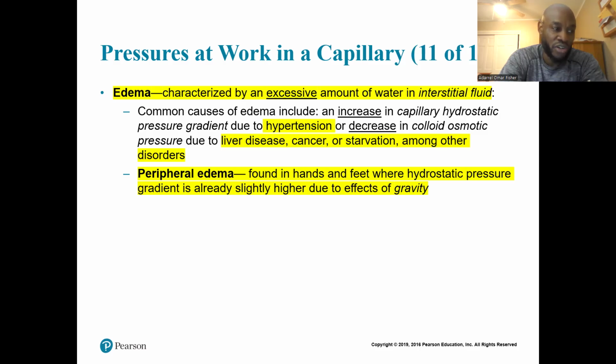Higher hydrostatic pressure means more water being pushed out of the arteries and the capillaries, and less water being drawn in because the hydrostatic pressure is higher than the colloid osmotic pressure. Therefore, you get more water left in the interstitial spaces, the interstitial fluid, and therefore you have edema, a collection of this water, and you have swelling. You particularly see it in the hands and the feet. So high blood pressure can cause this type of swelling.